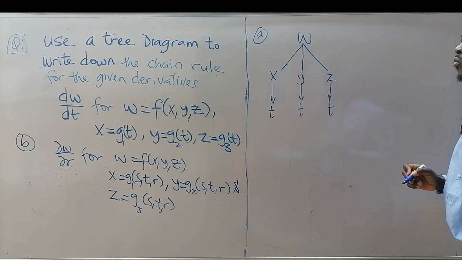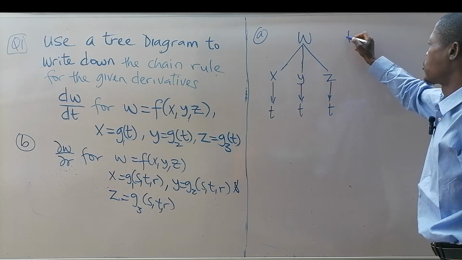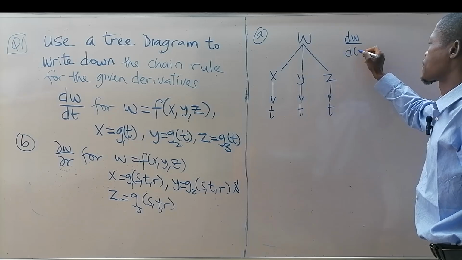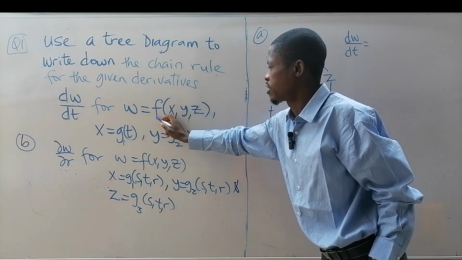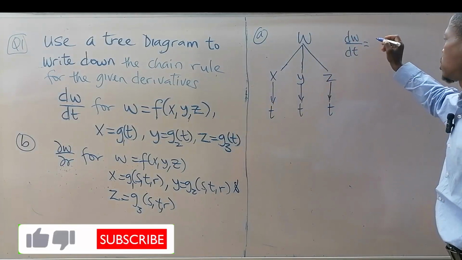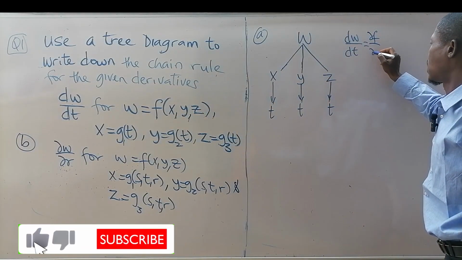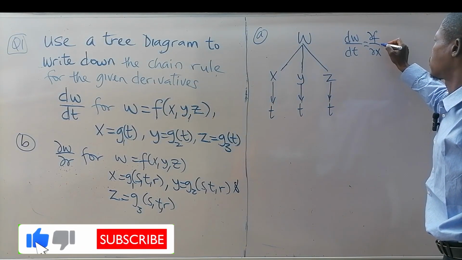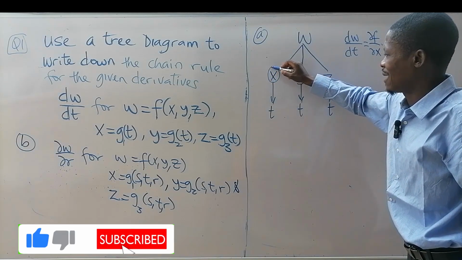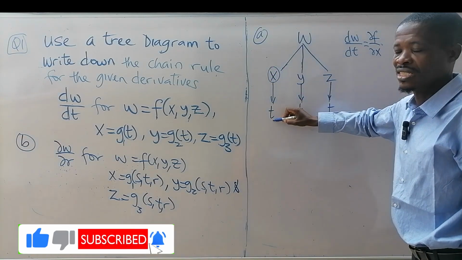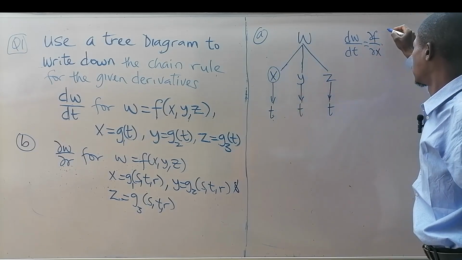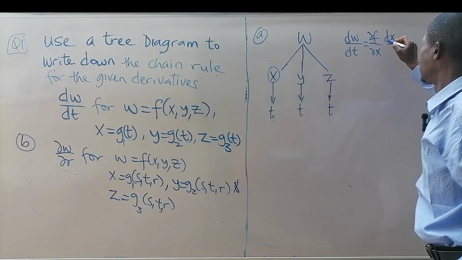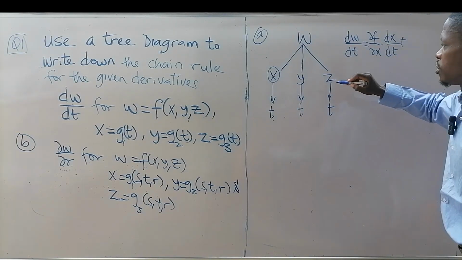Okay, so we can write dw dt to be equal to, you differentiate each of these partially. That will be del f, del x times this x is a function of t. So you're going to differentiate this x with respect to t, and that will be dx dt. Do this one also.